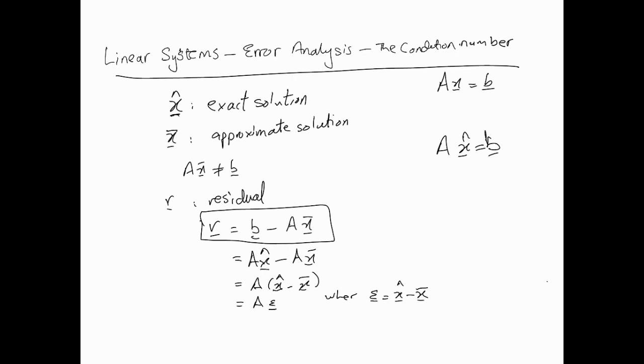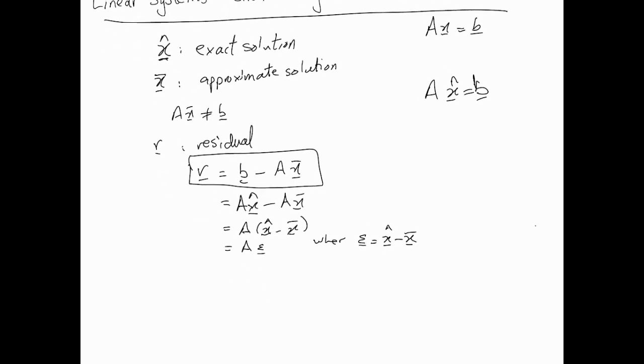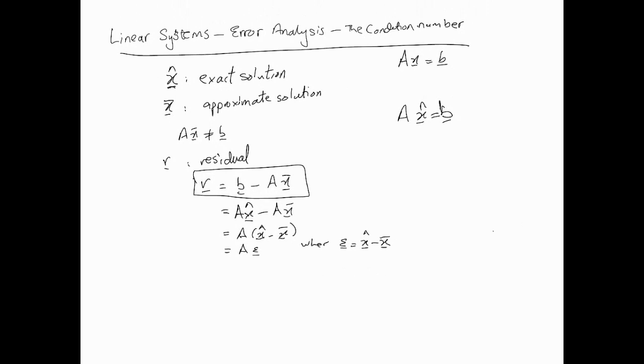Notice this very interesting relationship: r, in fact, seems to be equal to A times epsilon. So I want you to note that. Now, that's not how we compute the residual practically. Keep this in mind, please. This shows us that the residual is in fact our coefficient matrix A times the actual error.